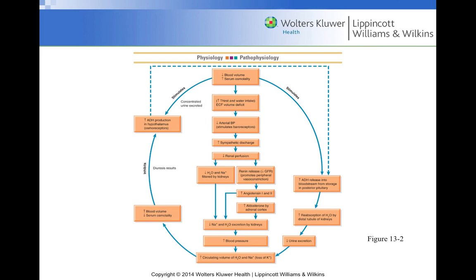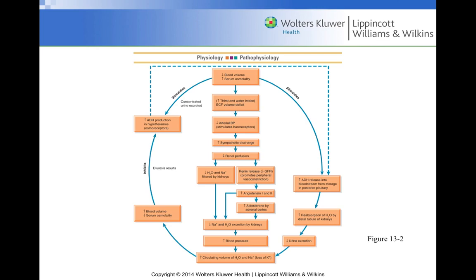And now I just want to point out a couple of illustrations in your book. The first one goes over the physiology or pathophysiology of the fluid regulation cycle, ADH, antidiuretic hormone, your BP, which is your blood pressure, your ECF or your extracellular fluid, and your GFR or your glomerular filtration rate. Just review this, and you don't have to memorize it and know which goes where.